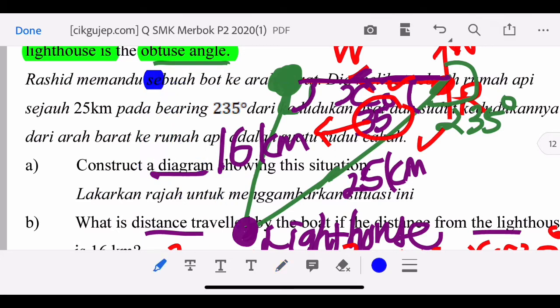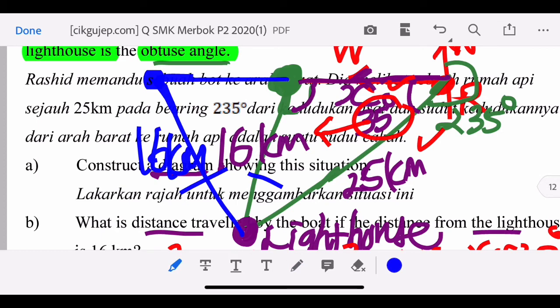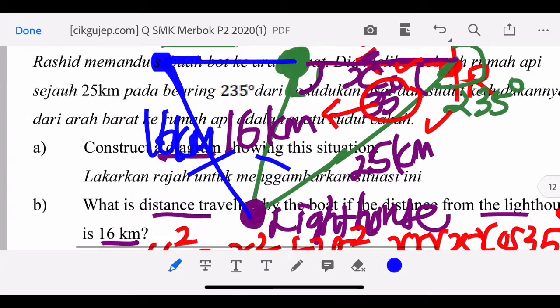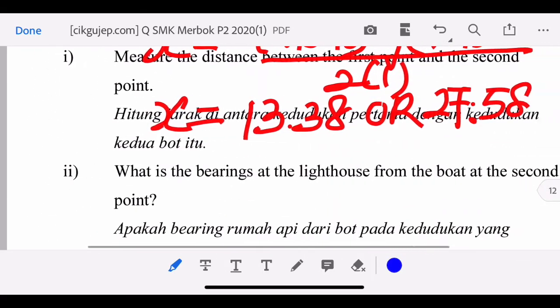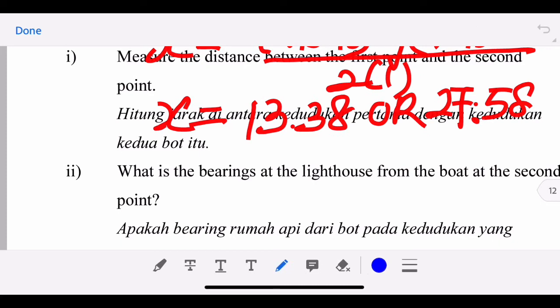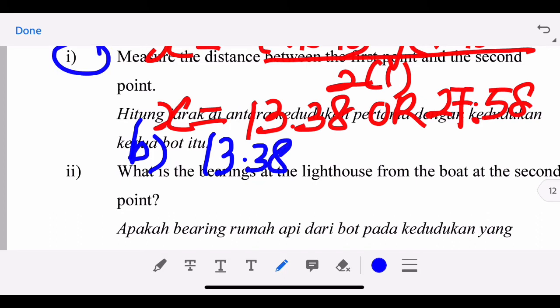Okay, so later you should actually find the other distance, which is longer than x. For this part, for b, the distance that you should use is just 13.38, but for b1 you have to take 27.